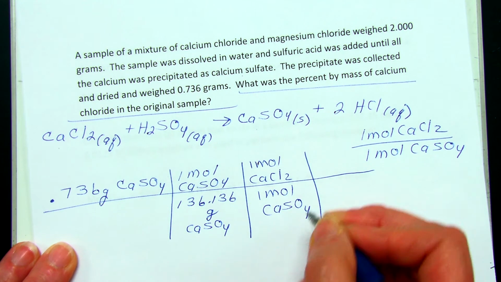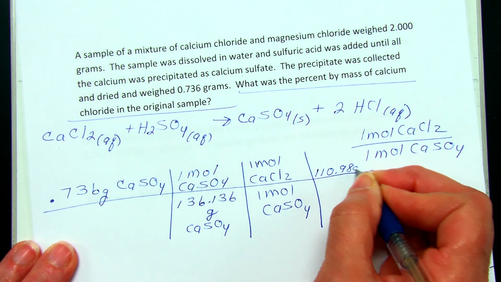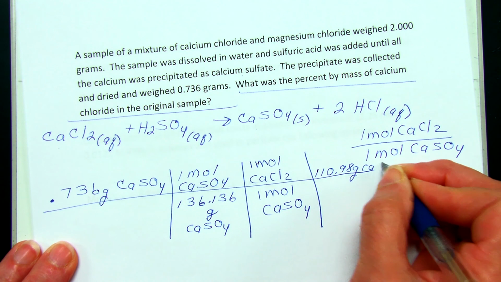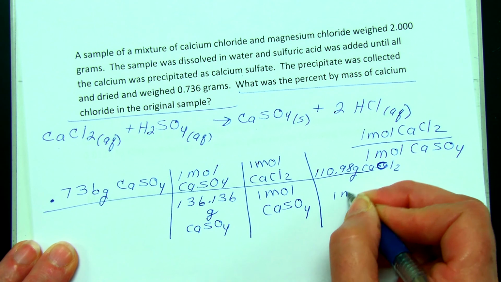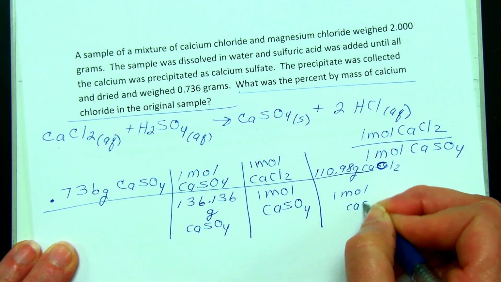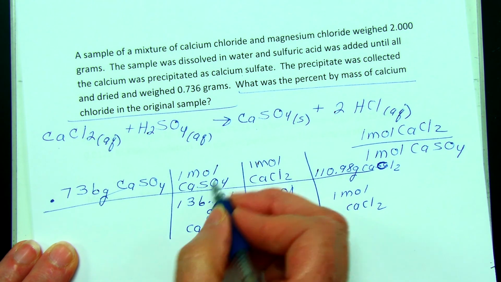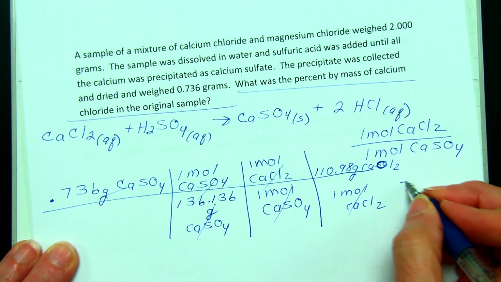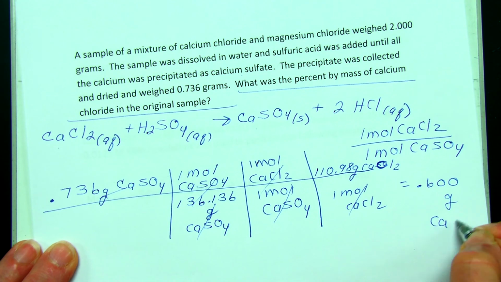Now I'll change my moles to grams. 110.98 grams of calcium chloride, CaCl2, is 1 mole of CaCl2. So my grams of calcium sulfate cancel, my moles, and I get 0.600 grams of calcium chloride.